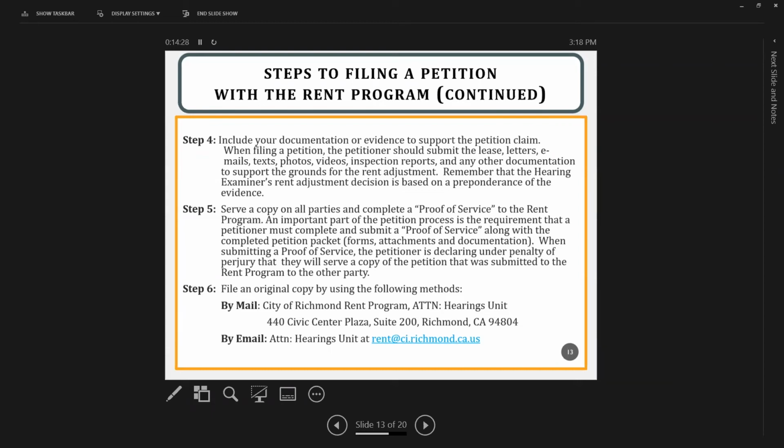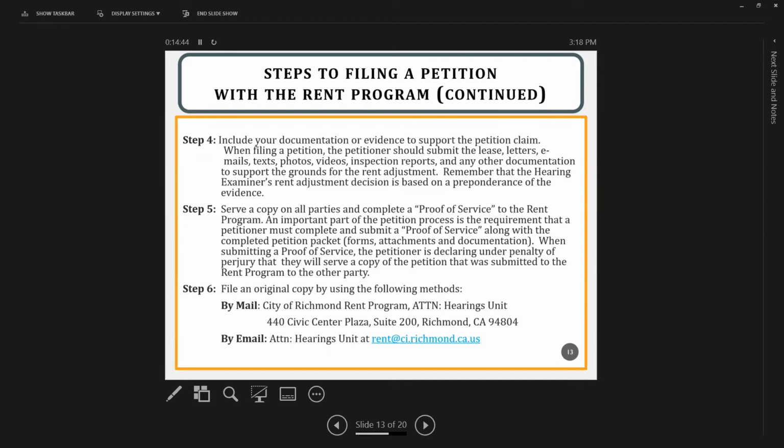Next, the other party must be served a copy of the petition with all support. Then a proof of service needs to be completed and submitted with the original petition to the rent program.